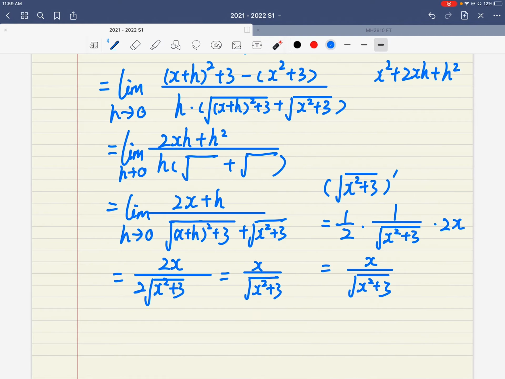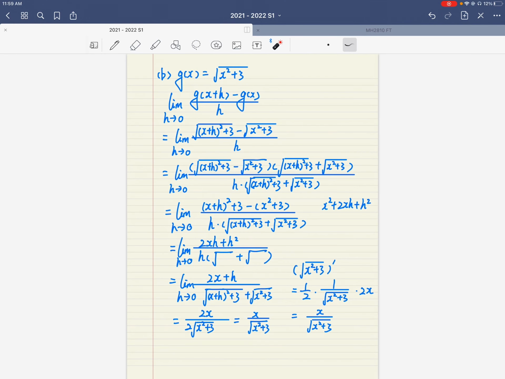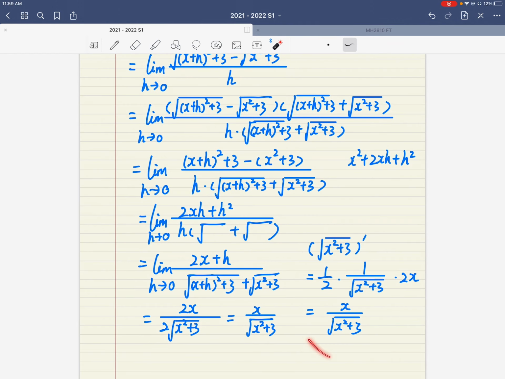So you can see they are the same. Right? Of course, they should be the same if you have done everything correctly. So this is what you usually do if the question didn't mention anything about using the definition of derivative. Okay, this is what you have to do if the question asks you to use a definition.